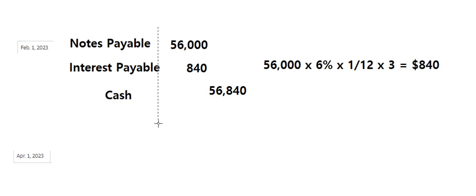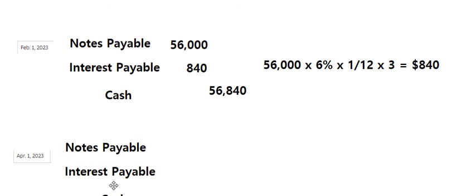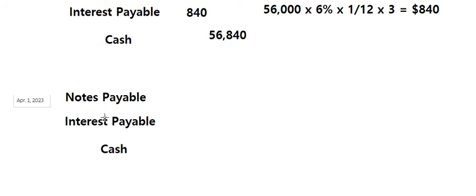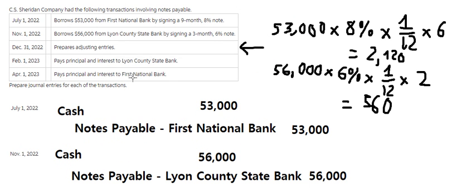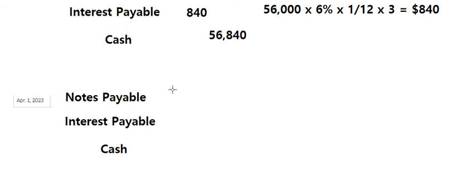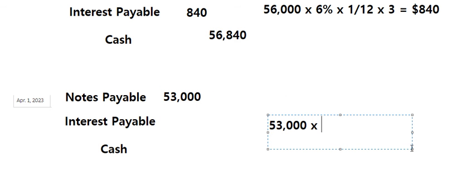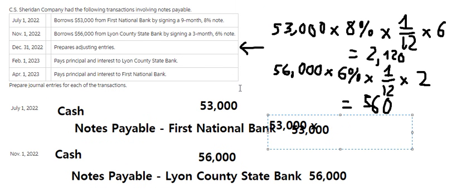We do the same in here. Now the notes payable of the First National Bank, that is about 53,000. And now we need to find the interest payable. That should be 53,000. We multiply by 8%.